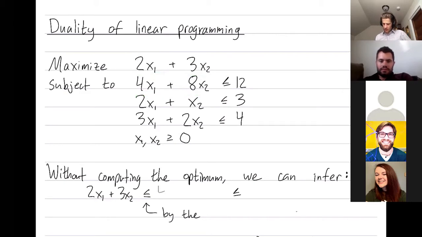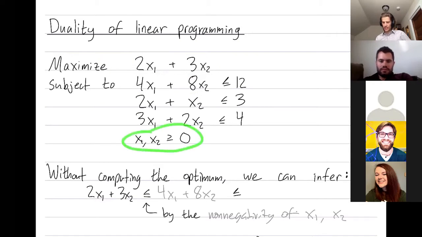So that's bounded from above by 4x1 plus 8x2, and that's by the non-negativity of x1 and x2, right? x1 and x2 are non-negative. So certainly 2x1 is at most 4x1 and 3x2 is at most 8x2. Okay, and then I know that 4x1 plus 8x2 is at most 12. So boom, I already know that you can't do any better than 12.